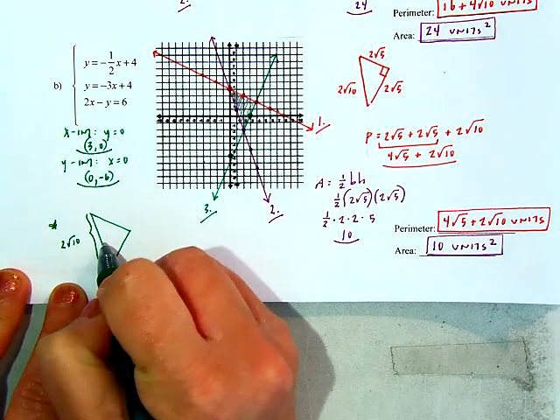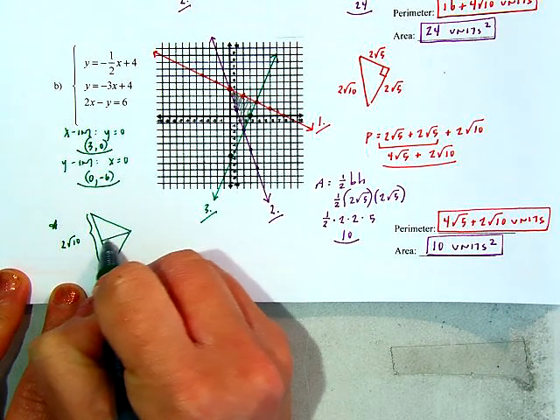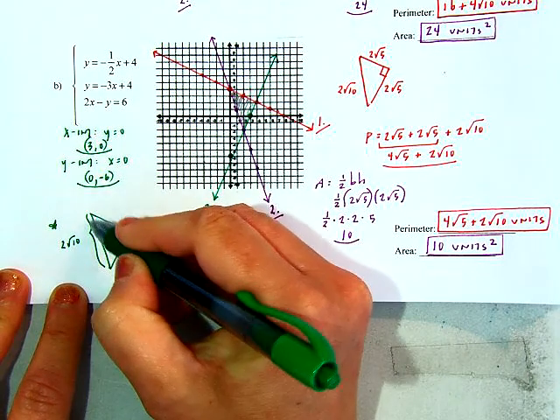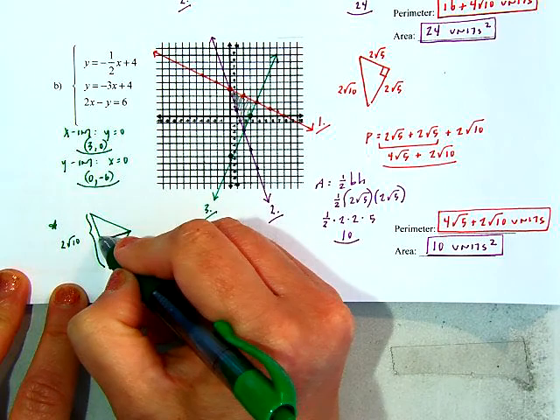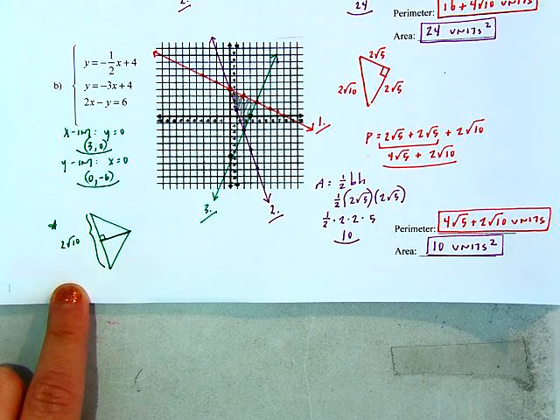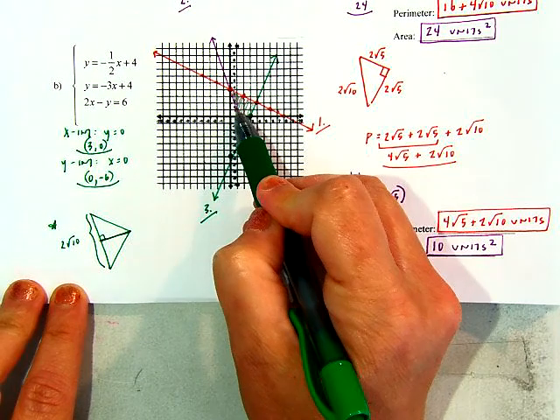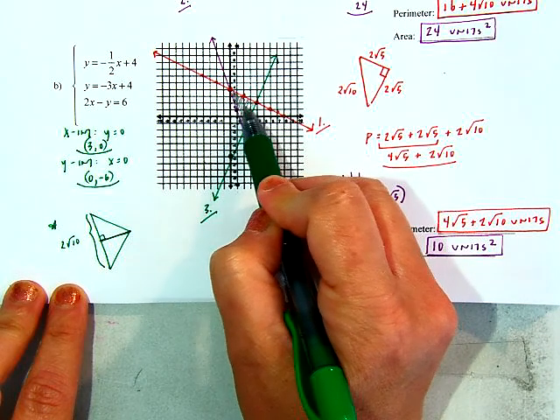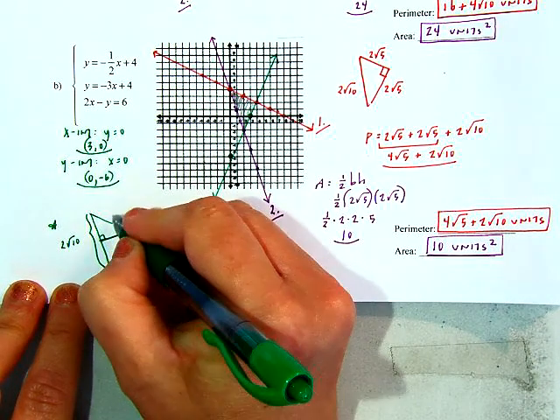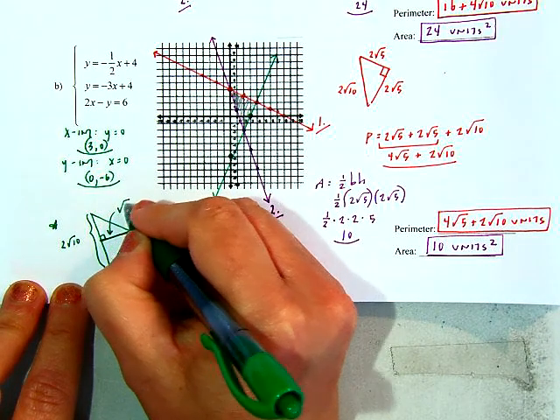If I look at that perpendicular segment that would connect here, this base to this vertex, then this right here would be my height. Okay, it's just another way of looking at it. It's connecting this point right here to this point right here. That's what I'm looking at. And that measure is root 10.